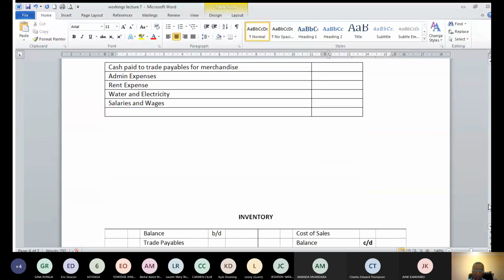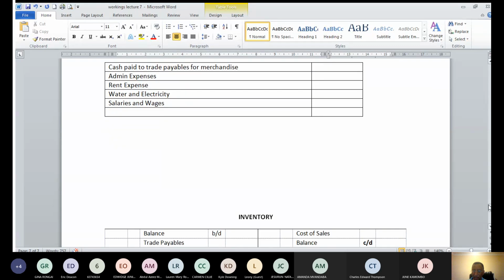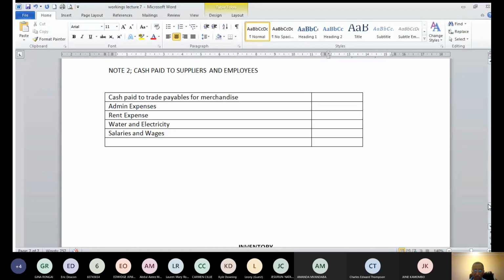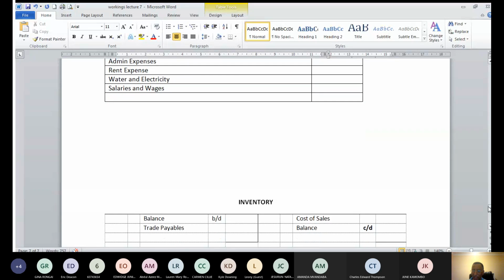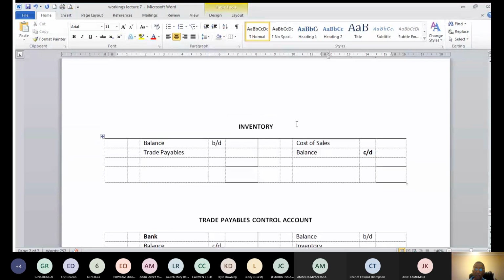If you want to calculate the cash that was paid to suppliers and employees, that amount consists, first of all, of the cash that was paid to my trade payables for stock, for inventory. And because this is a perpetual inventory system, I must first do my inventory account.